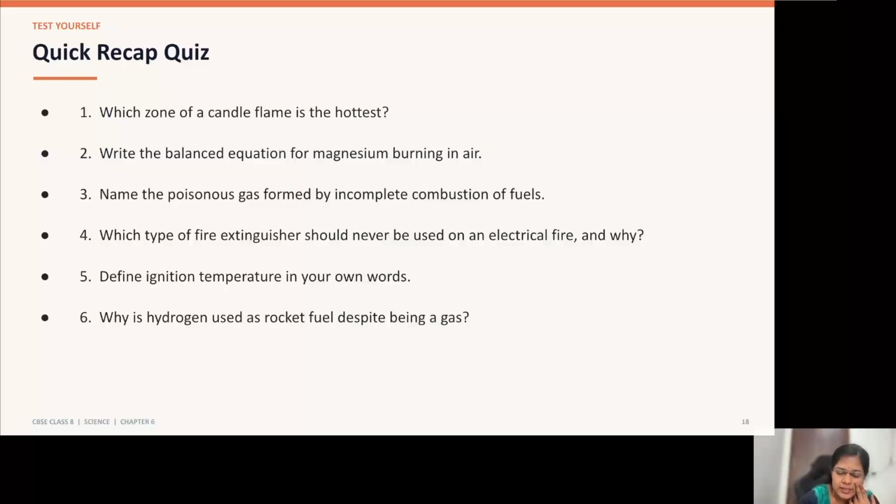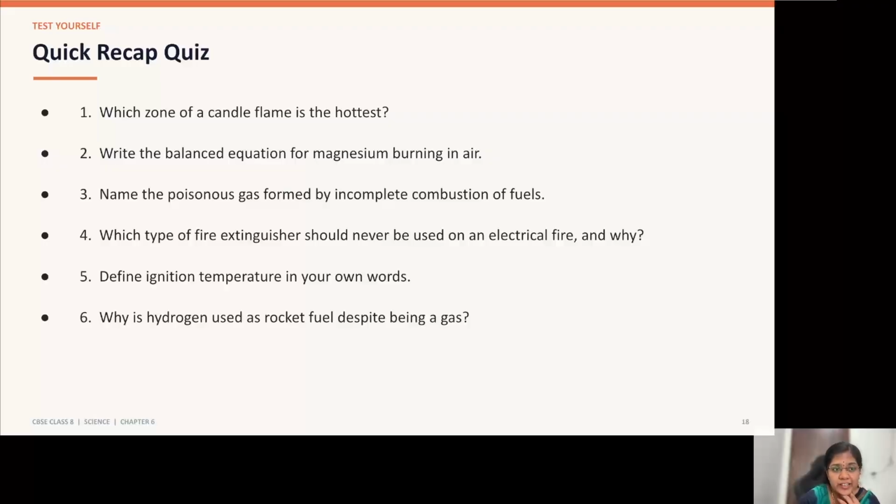Yes, it is Mg plus O2 gives MgO, but you need to write a balanced equation. That means 2 Mg plus O2 gives 2 MgO plus heat and light. Next, name the poisonous gas formed by incomplete combustion of fuels. Yes, it is carbon monoxide.